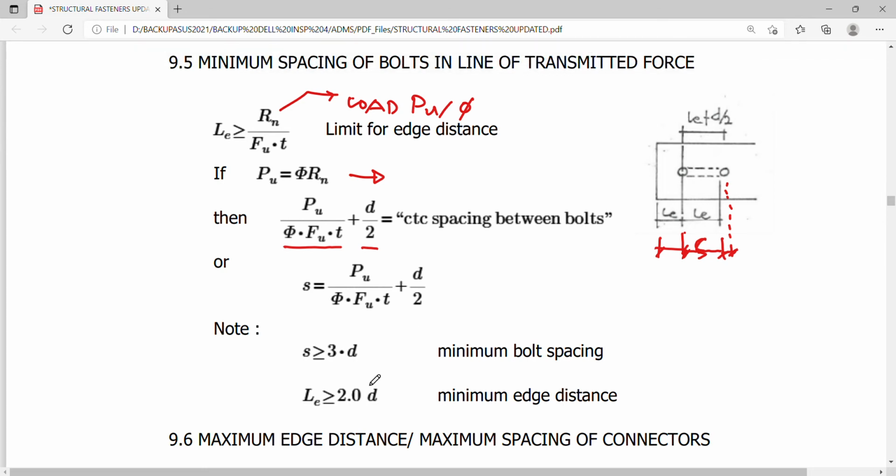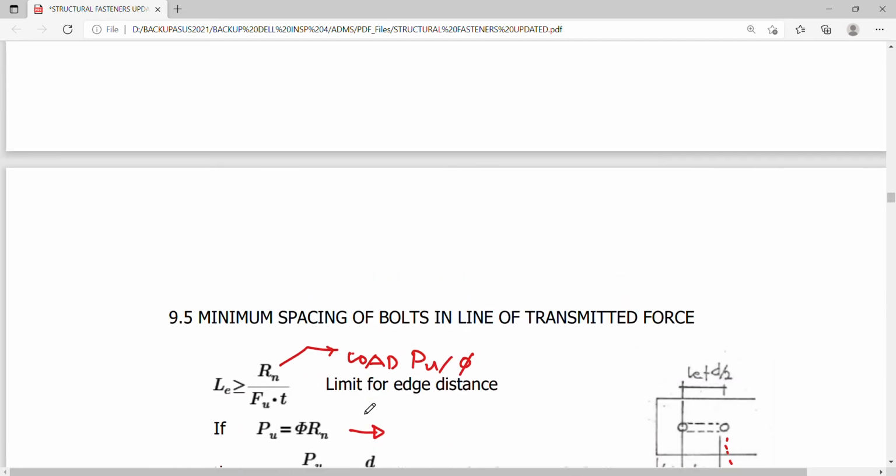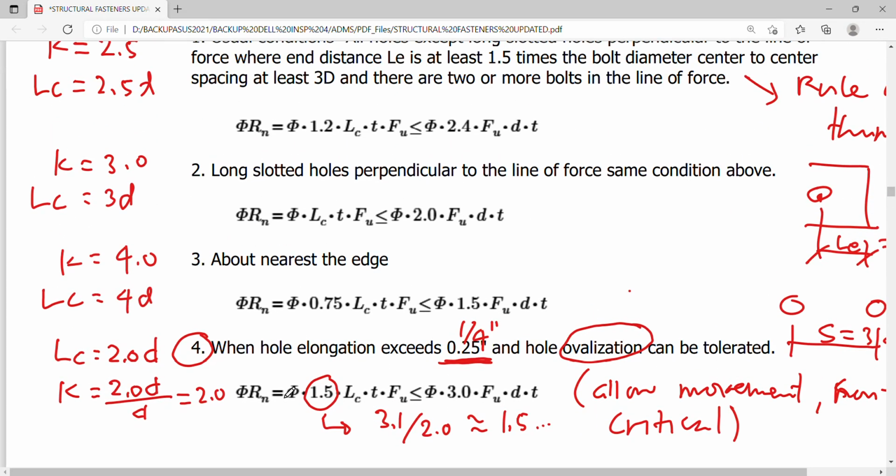And then take note that again, for the rule of thumb, the minimum bolt spacing and the minimum edge distance must always be greater or equal to 3d and greater or equal to 2d. This is slightly increased because of this situation we're in.